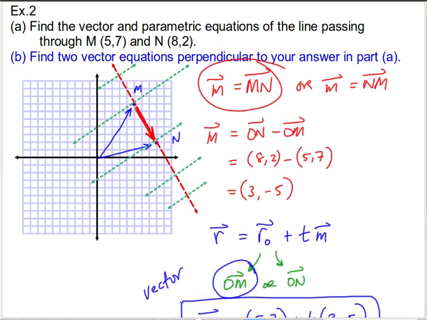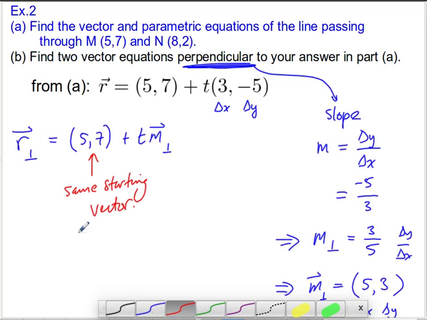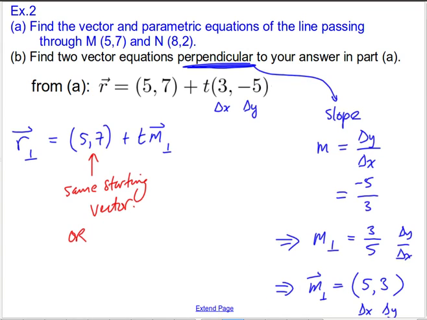So it turns out what I just put there was valid. So this would be correct, but I could also say r perpendicular equals, and let's go ahead and go through N. I could go through N, (8, 2), plus t times m perpendicular, which is (5, 3).